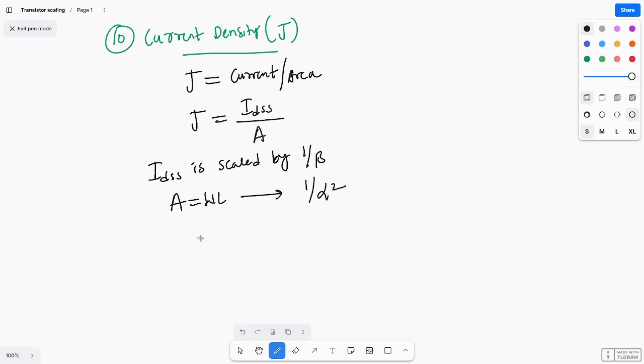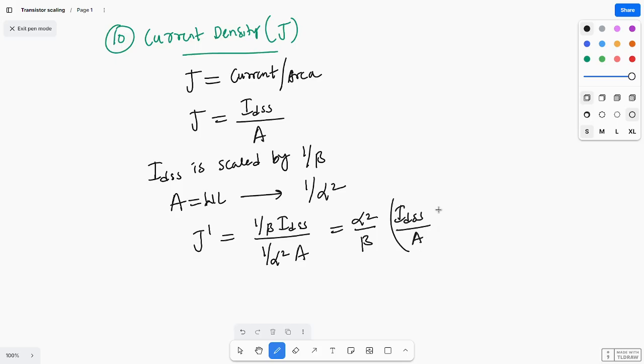Now you substitute, that is J dash equal to 1 by beta into IDSS divided by 1 by alpha square into A. Okay, so this is alpha square by beta into IDSS divided by A. So this is my J dash, and this is my J. This is equal to alpha square by beta into J. So what is the scaling factor for current density?